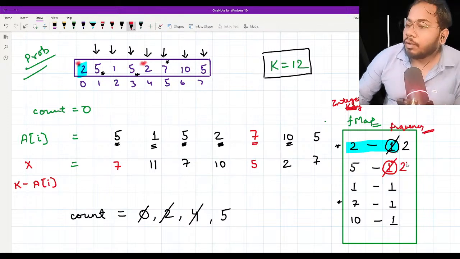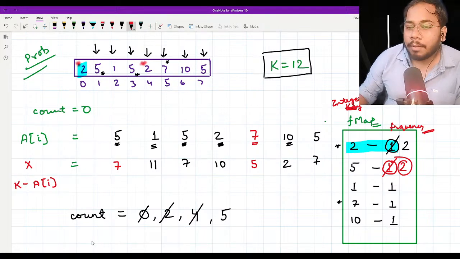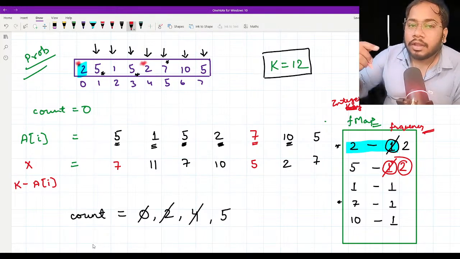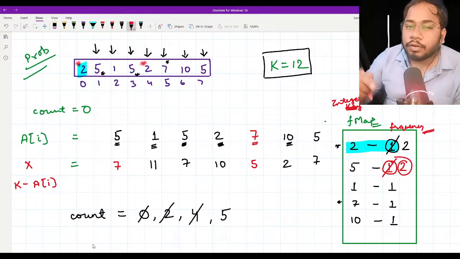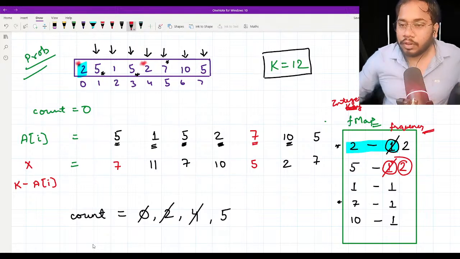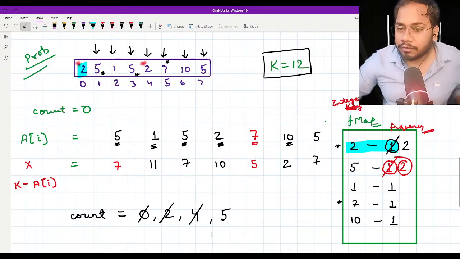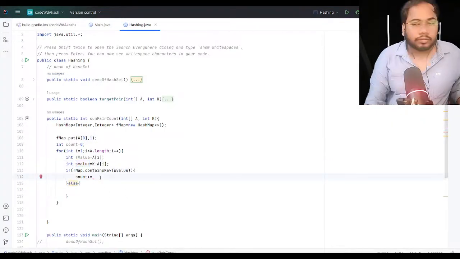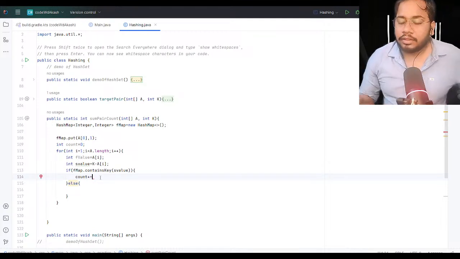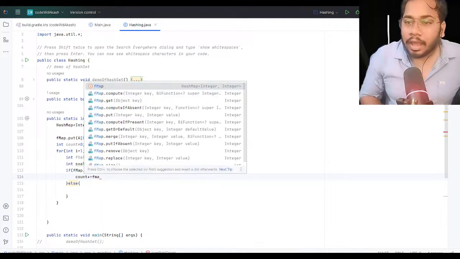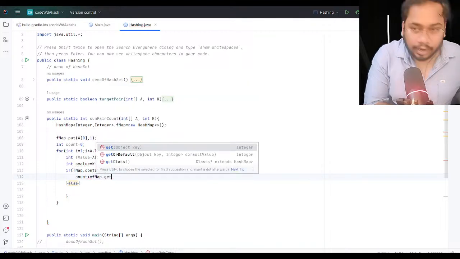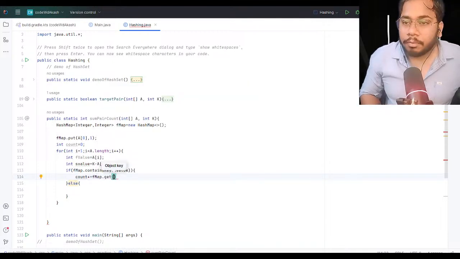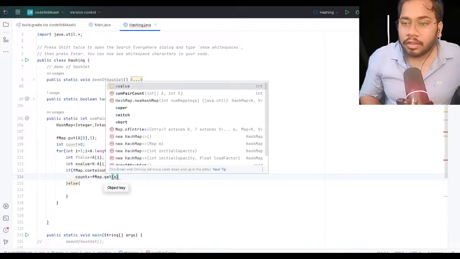So we know this has appeared twice, so we have incremented it by the frequency number of times. We can write something like this: fmap dot get, with that second value.